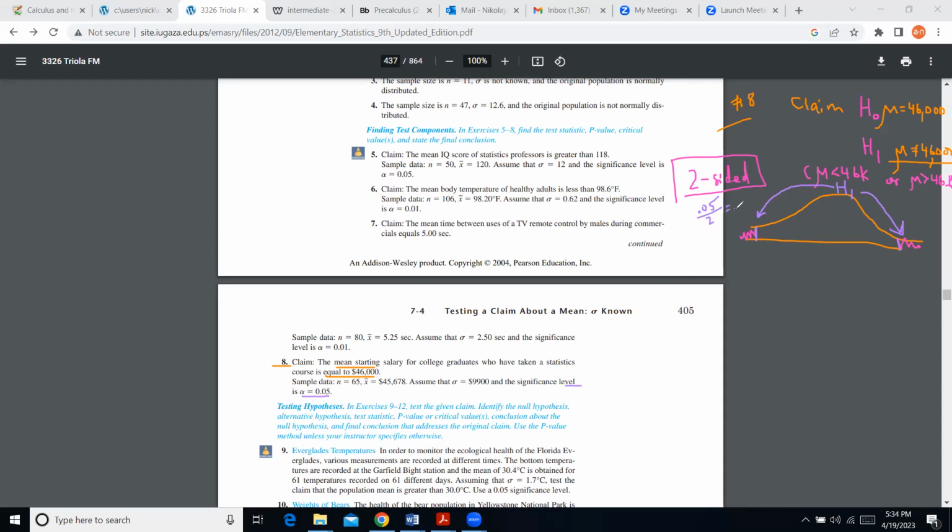Because the picture is symmetric, a normal distribution is always symmetric with respect to the center. So if I divide the significance of 5% into two equal pieces, I get 2.5%. And from there, we will get the Z scores.